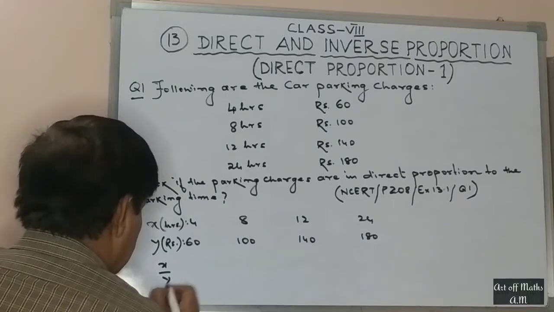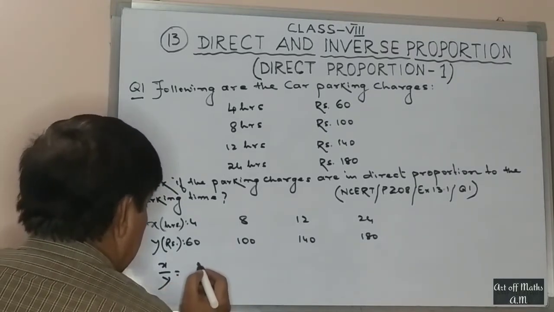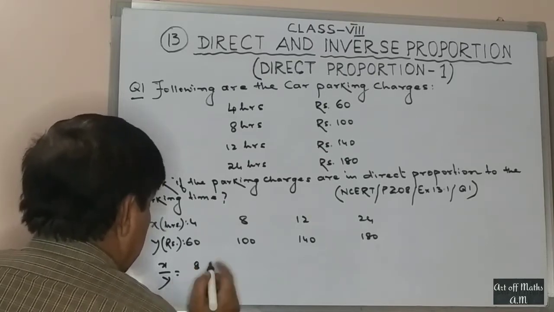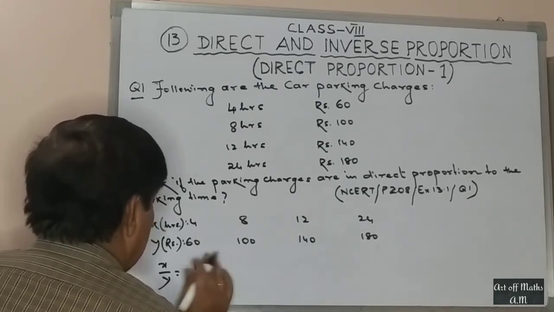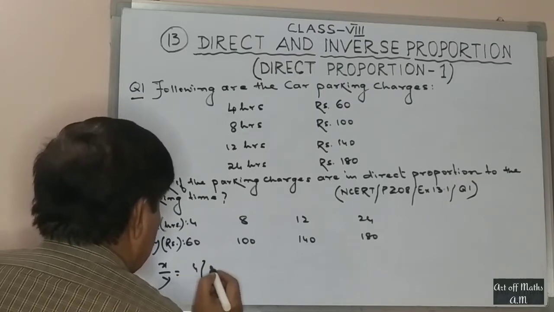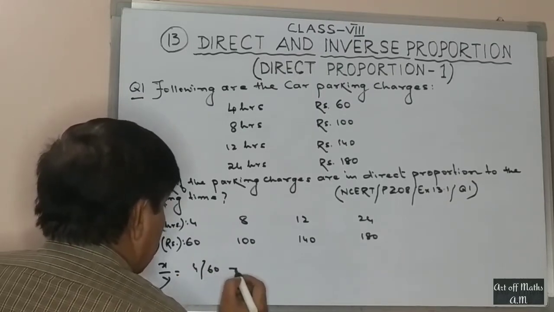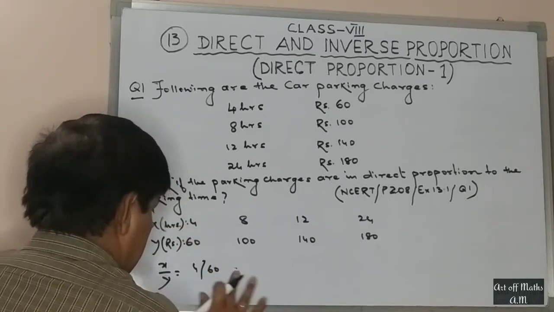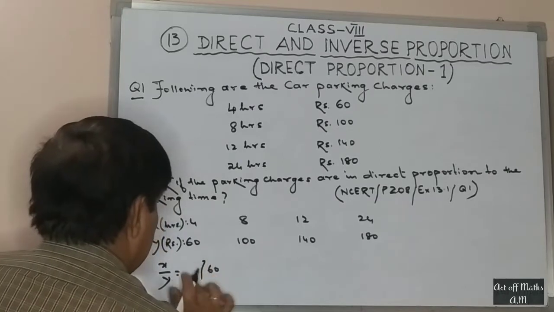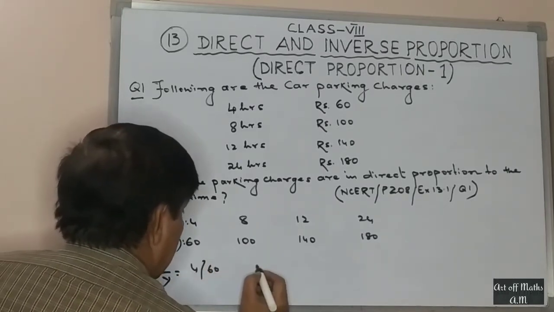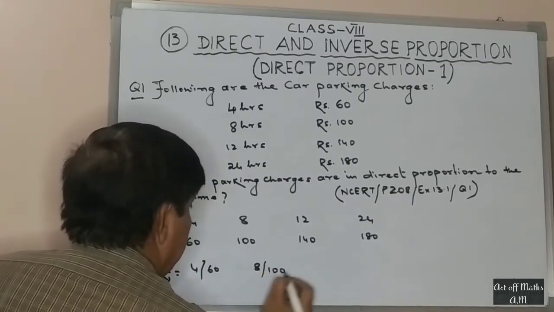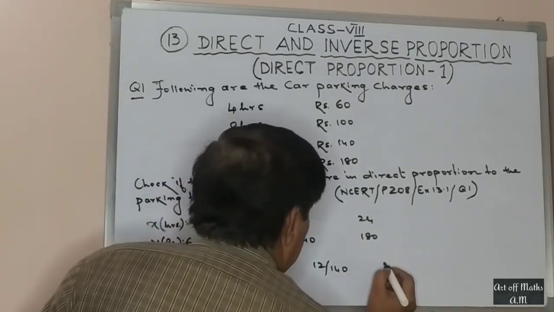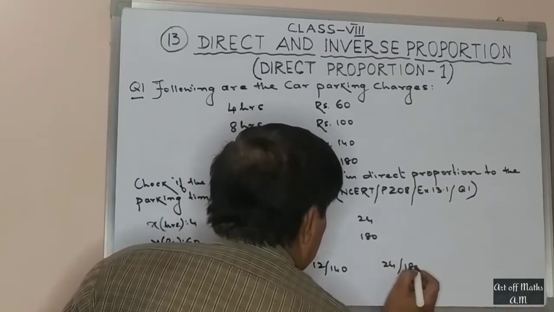Now x by y, we have to check: 4 by 60, 8 by 100, 12 by 140 and 24 by 180.